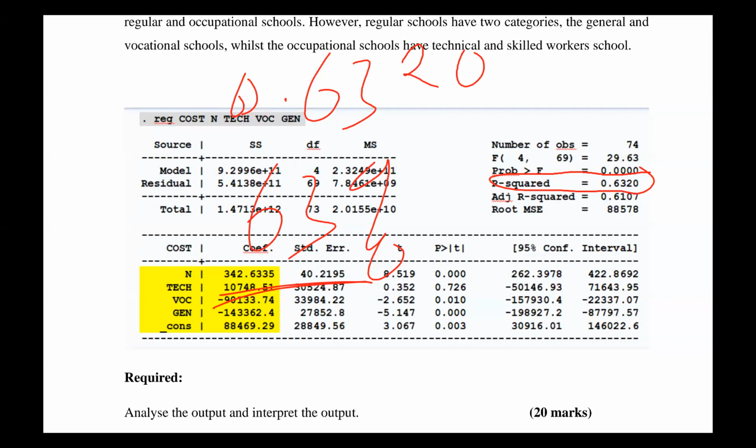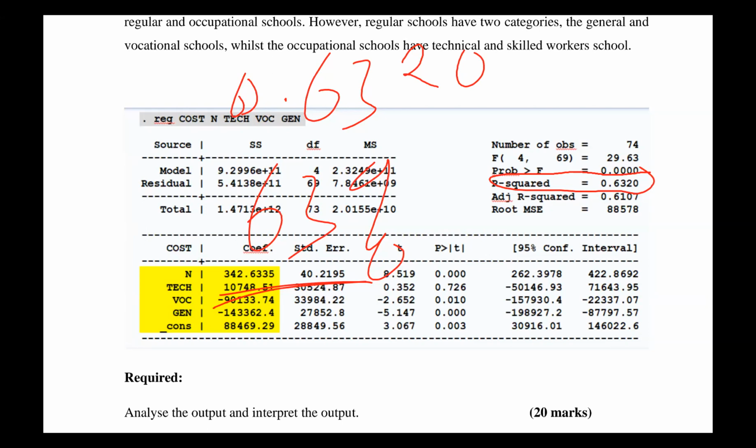This 63% simply means it's the percentage of variance in Y that is explained by X. So remember that the X variables are there to explain the variances in Y. What is causing Y? In short, they are there.